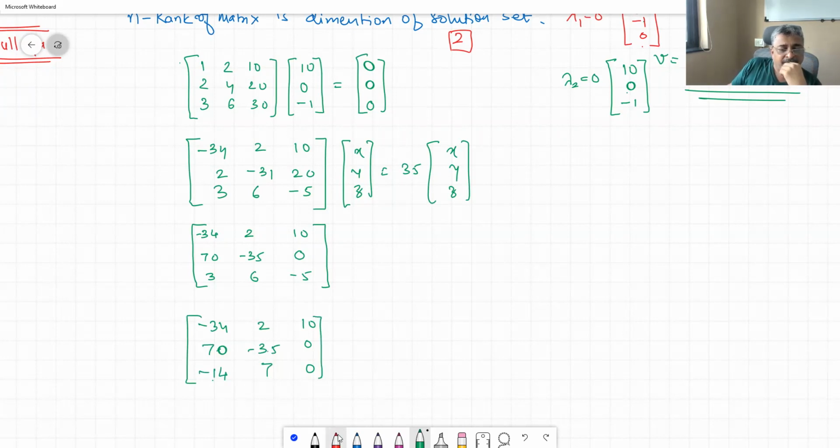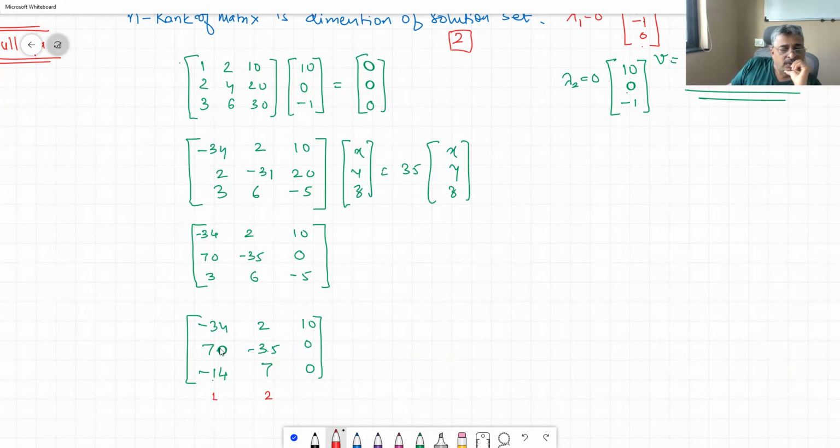So if you take first column 1, second column 2 times, because they are proportional to each other. This is twice of this.